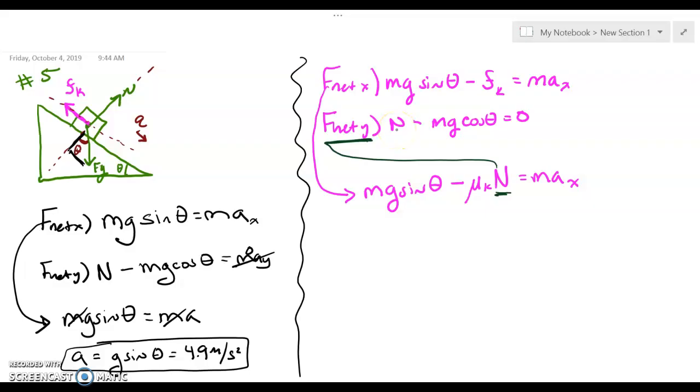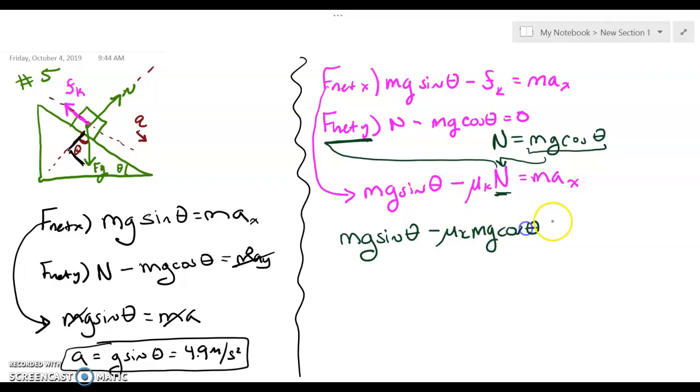The f net y equation tells us that n equals mg cosine of theta. So I need to substitute that right there. So the equation now is going to look like this: mg sine of theta minus mu k mg cosine of theta equals ma in the x direction.